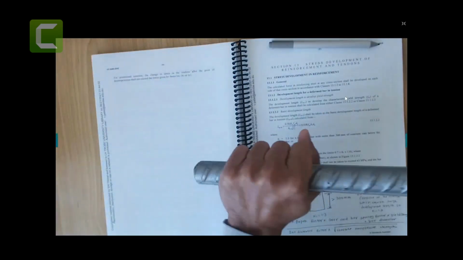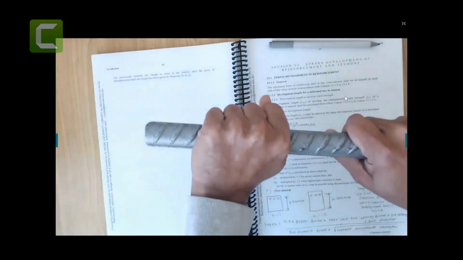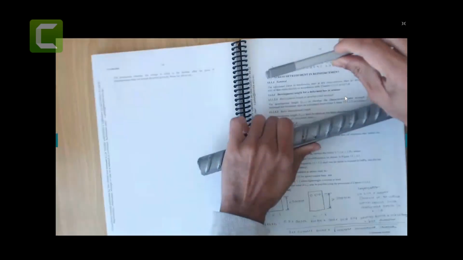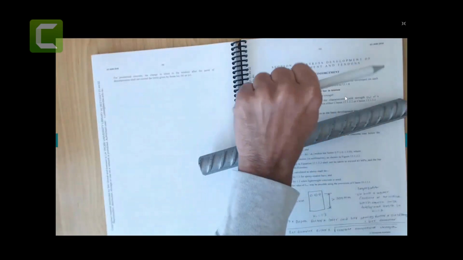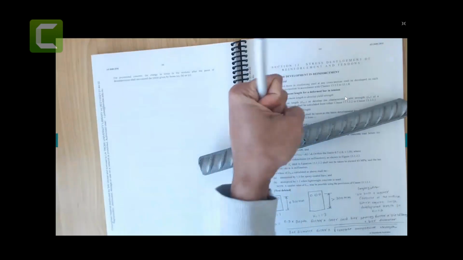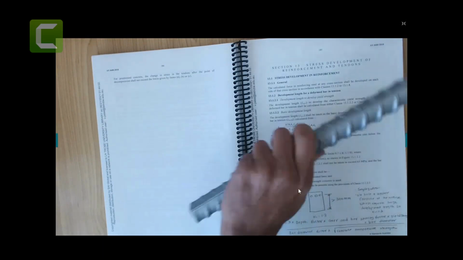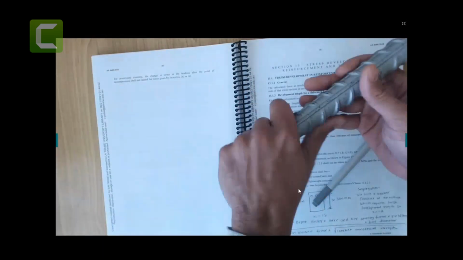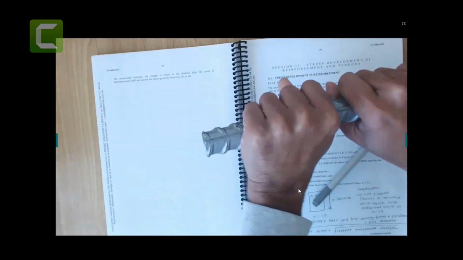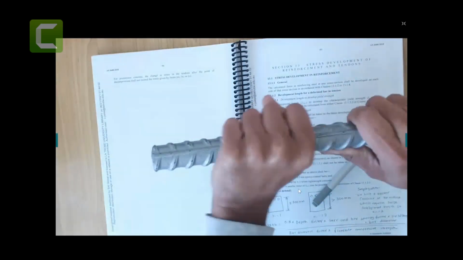So the larger the diameter, the more grip you need. You can think of this pen in comparison to this one. I can easily grip it. Look, and I can hold it. If you have these larger diameters, it requires a larger length to grip it, right? It requires more height.